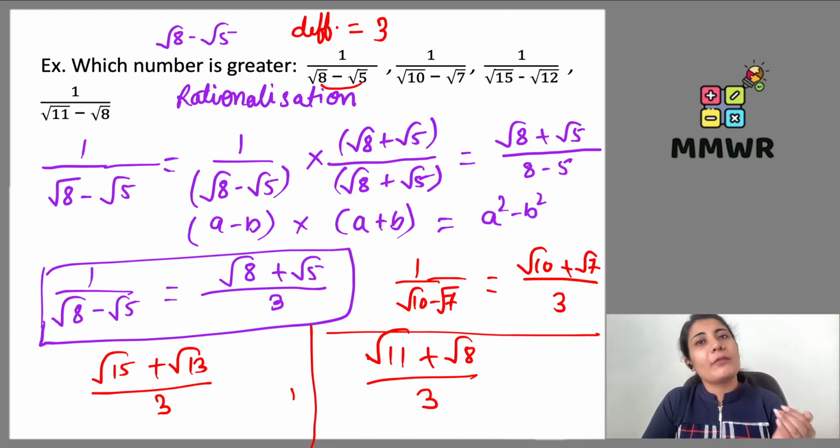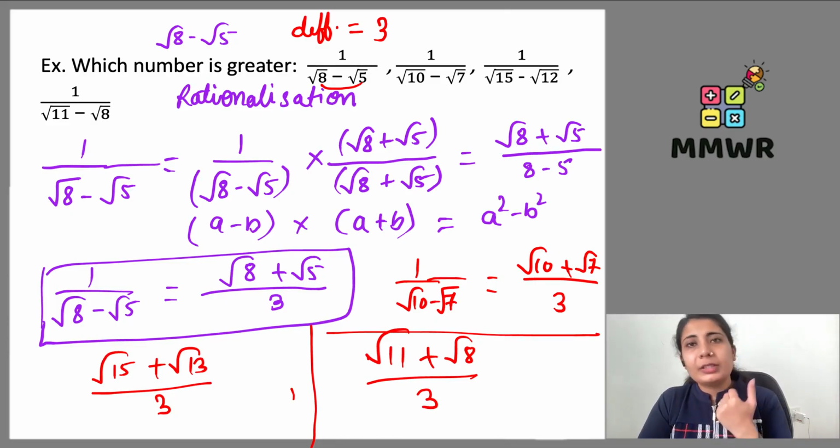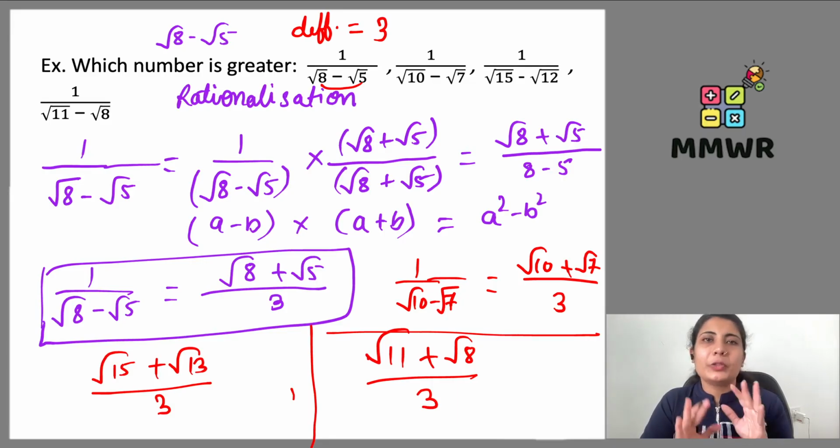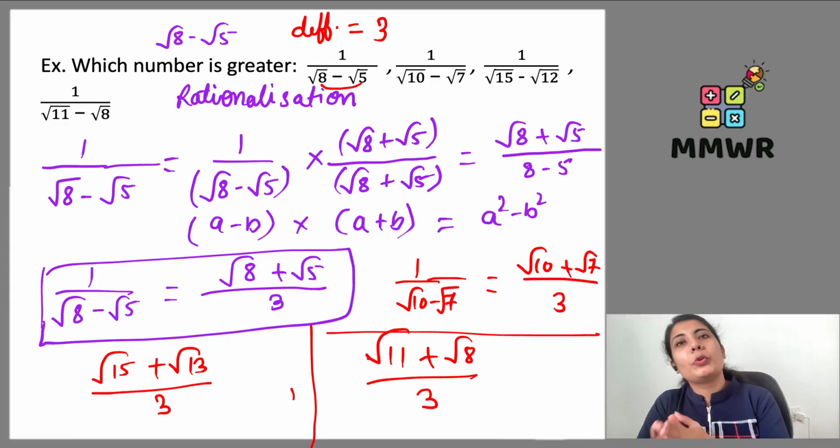But in the last session we have already seen how we compare root 8 plus root 5 with root 10 plus root 7, with root 15 plus root 12, with root 11 plus root 8. Now this is the new question for us. Addition में हम क्या करते हैं? Root 8 plus root 5 gives me 13 plus 2 root 40, then 10 plus 7, 17 plus 2 root 70.